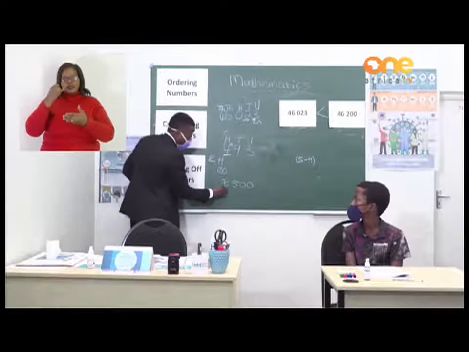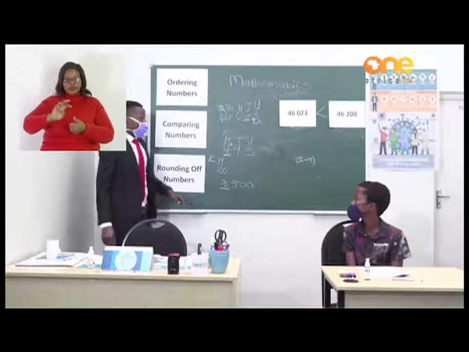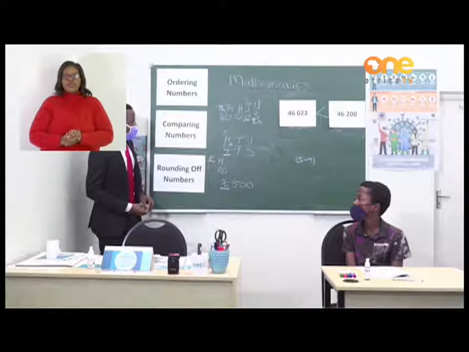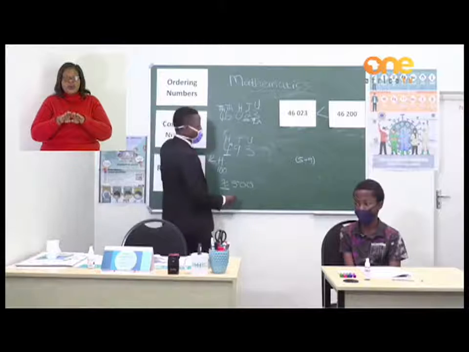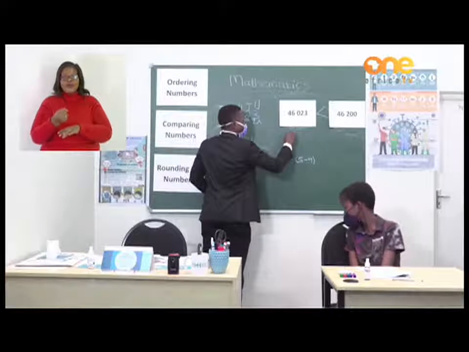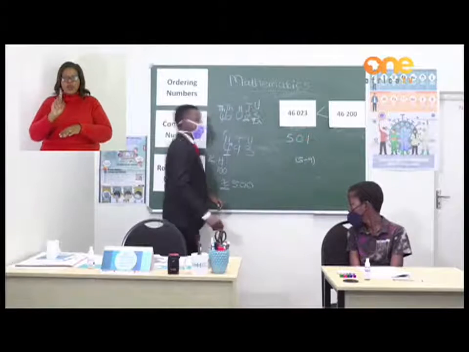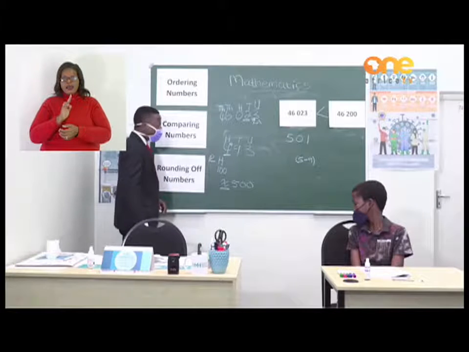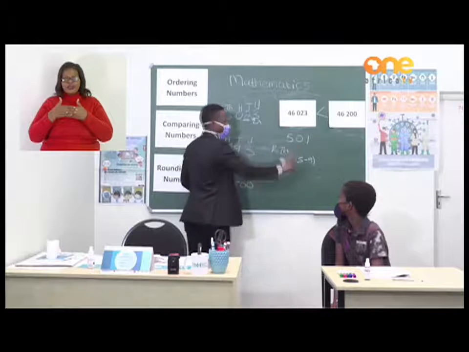Remember, approximation is very important. So this example is quite easy, and there can also be another challenging one. For example, we can have 5, 0, 1, and then they say, round off that to the nearest 1,000.